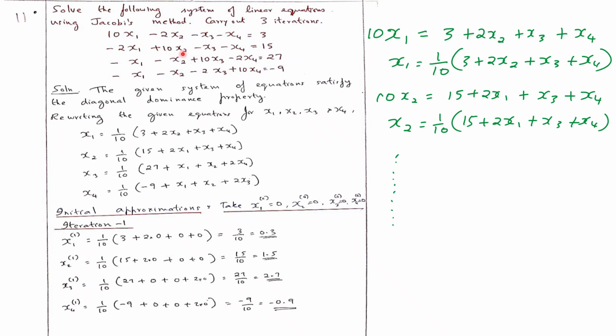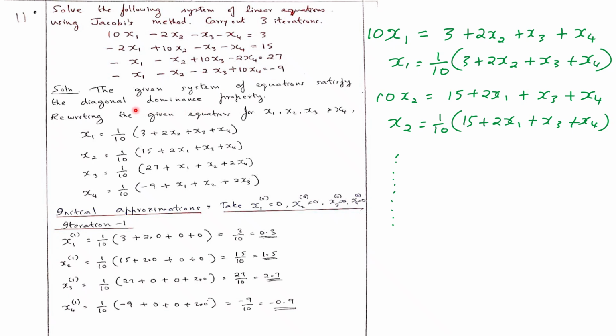In the second equation, the coefficient of x2 should have the highest value. In the third equation, the coefficient of x3, and in the fourth equation, the coefficient of x4 should have the highest value. This is called diagonal dominance, and it is fulfilled here. Only when it is fulfilled can we go ahead. Don't worry, the system is given in such a way that it satisfies the diagonal dominance property.